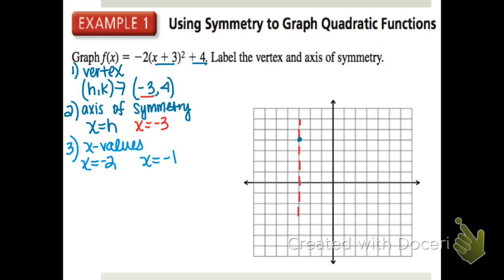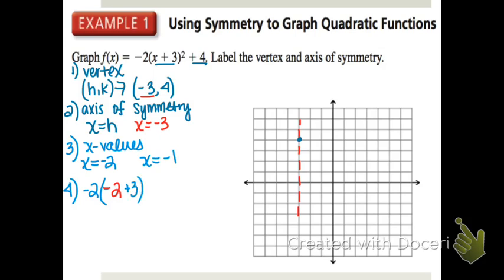So we chose our x values, so the fourth step is to substitute to find our y values. So we're going to take our original function and plug in -2. My original function is -2 times x, and I'm going to plug in -2 first, and then copy down the rest of the function.